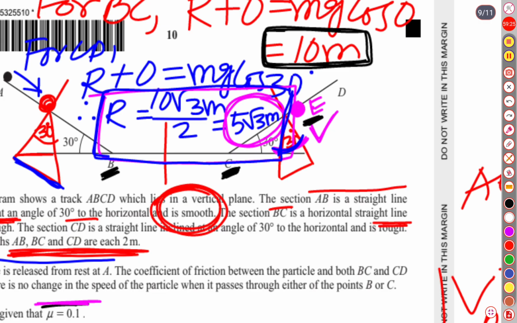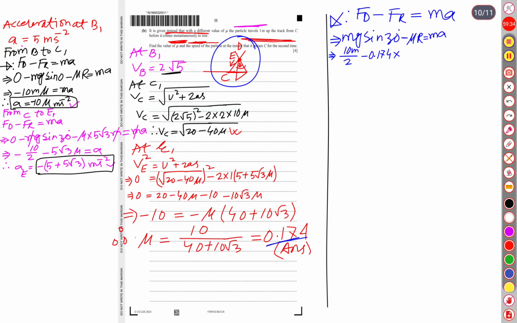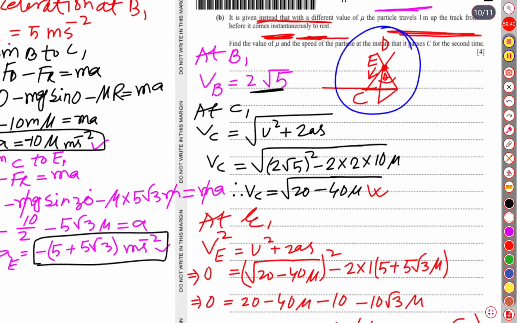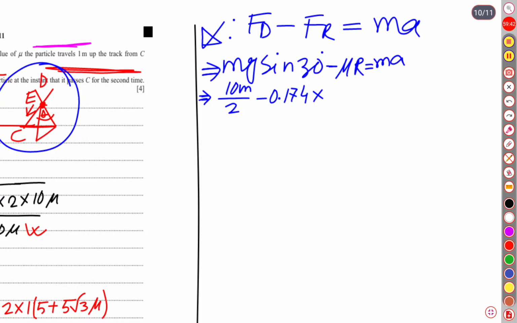So it is 5 square root over 3 m, into 5 square root over 3 m, and 3m equals mass into acceleration.